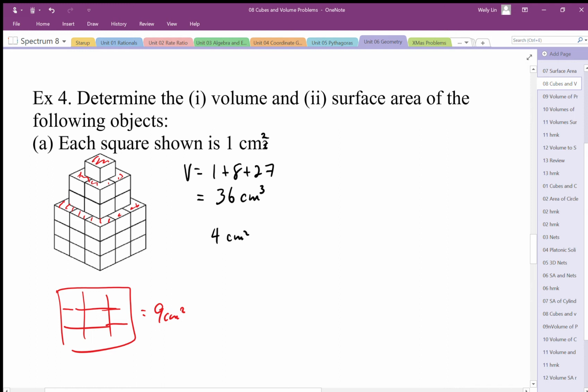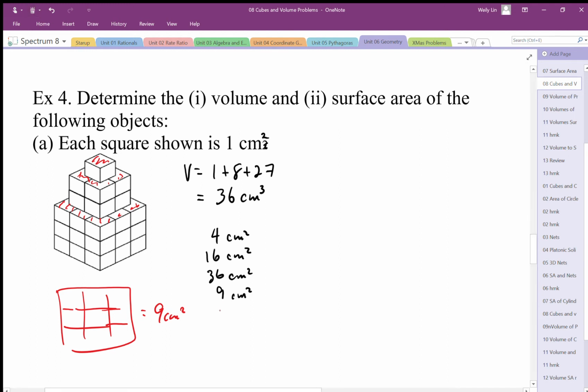For the next one, there's 4 by 4 centimeters, so 16 centimeters squared. And here, this is 9, and there's going to be 4 of those as well. So we go 36, and then there's the bottom, which I could have added to that one, but I'm going to add it to the bottom. Okay, so that's the bottom, and then I'm going to add the top.